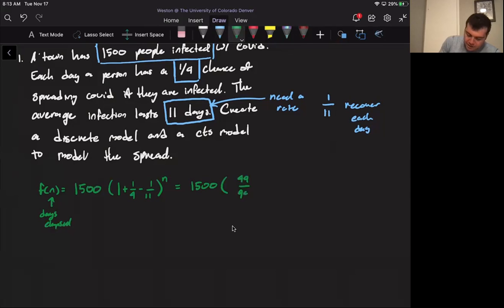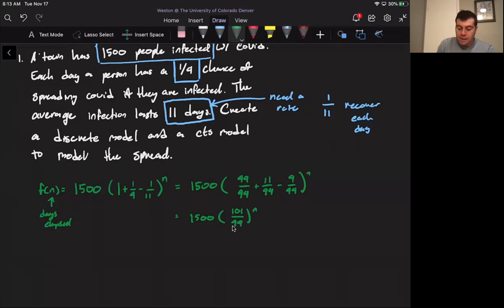It's 99 over 99 plus 11 over 99 minus 9 over 99, to the n, which equals 1,500 times 101 over 99 to the n. And so that's our discrete model.